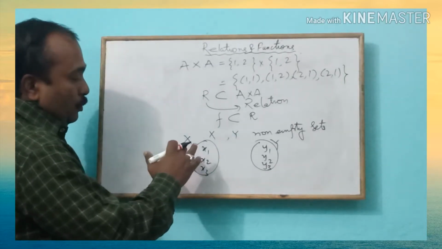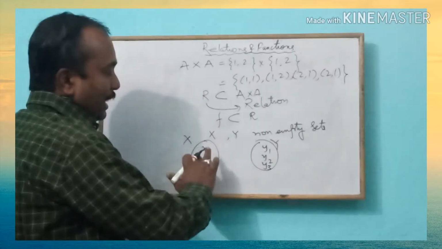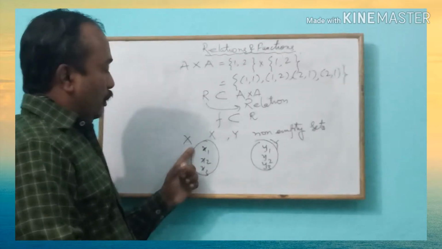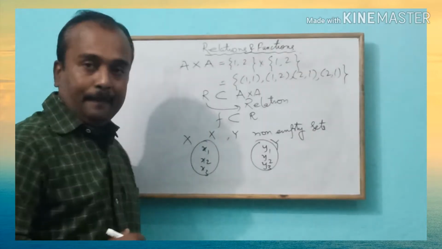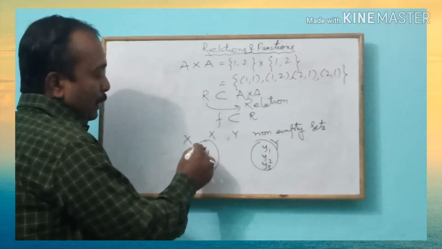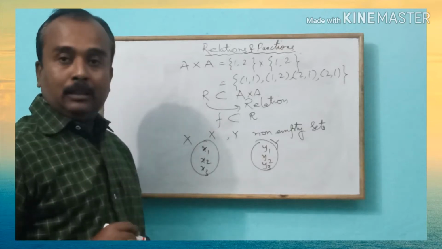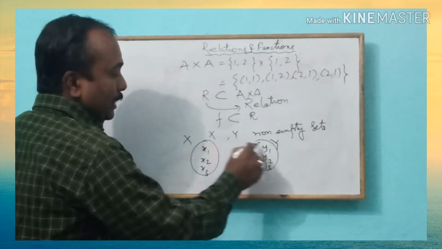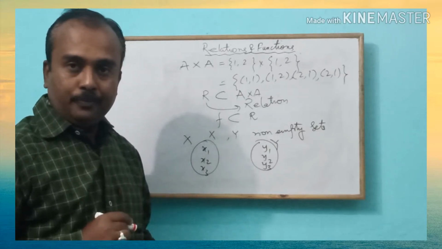Now, if it is a relation from X to Y, it may be that every element of X may not relate to somebody in Y. Or it may also happen that one element of X has two different pairs. That means x1 is related to y1 as well as x1 is related to y2.